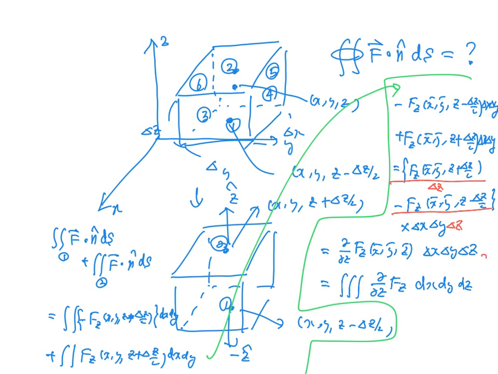You use the mean value theorem again. And then you can actually do the same thing for the others.